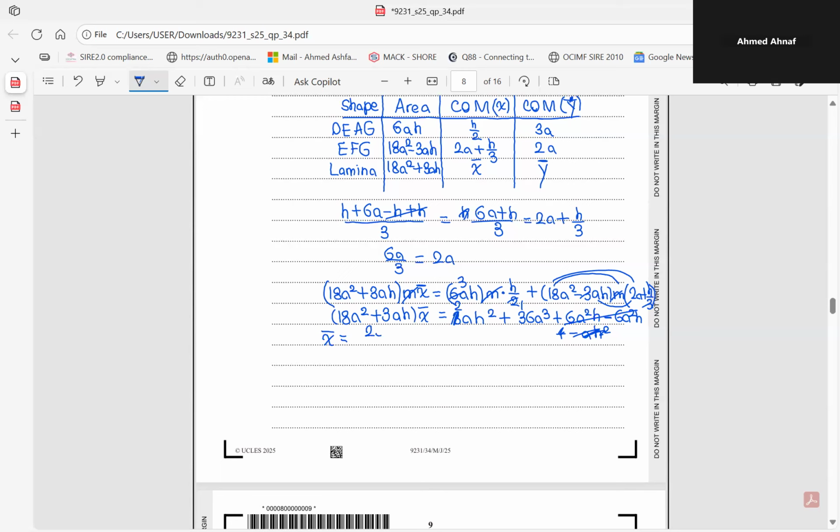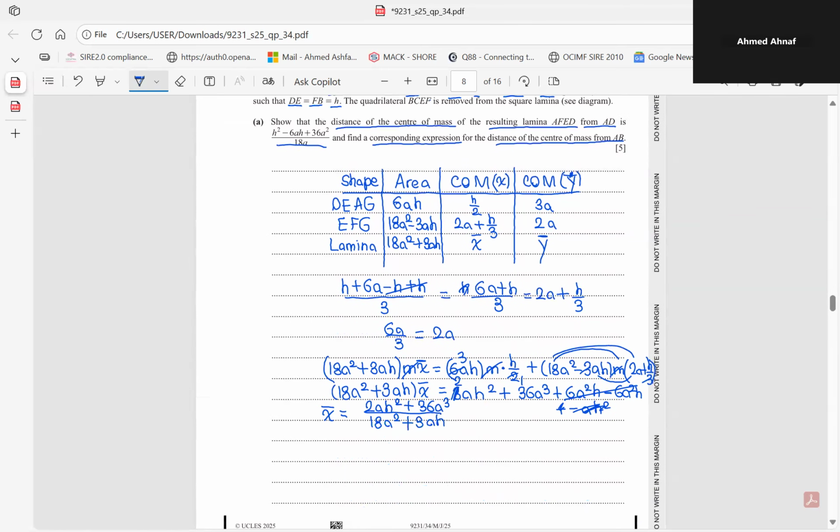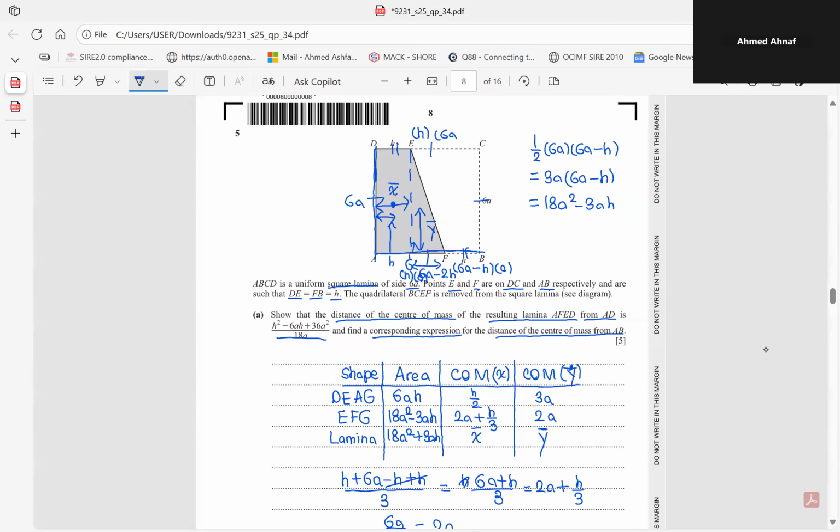So 2ah squared plus 36a cubed over 18a squared plus 3ah. Okay, sorry everyone.